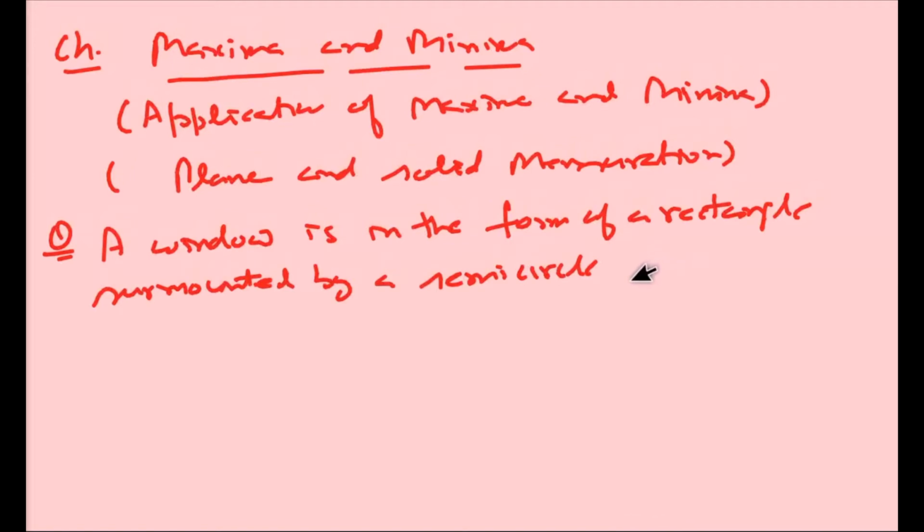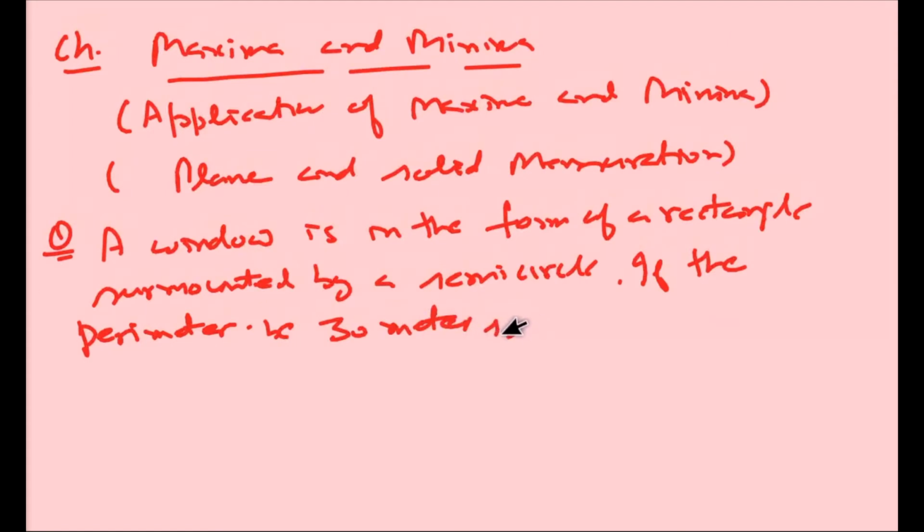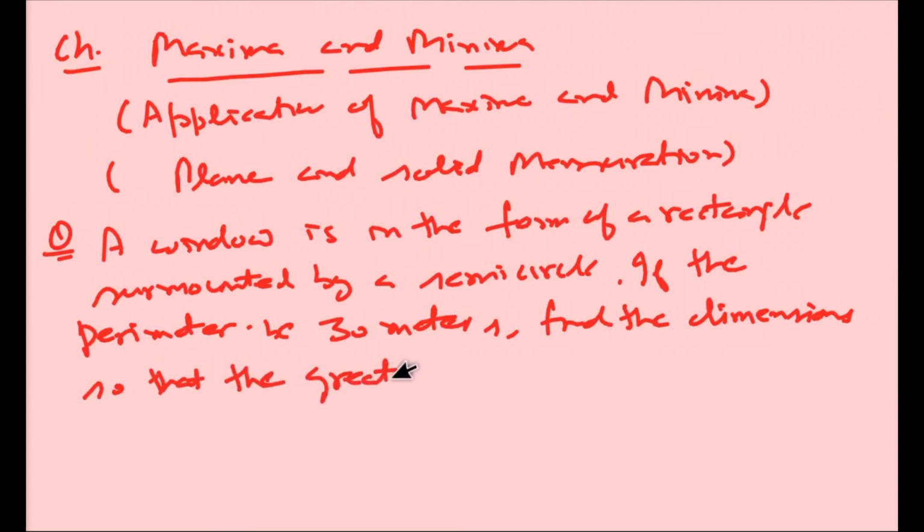If the perimeter be 30 meters, find the dimensions so that the greatest possible amount of light may be admitted.